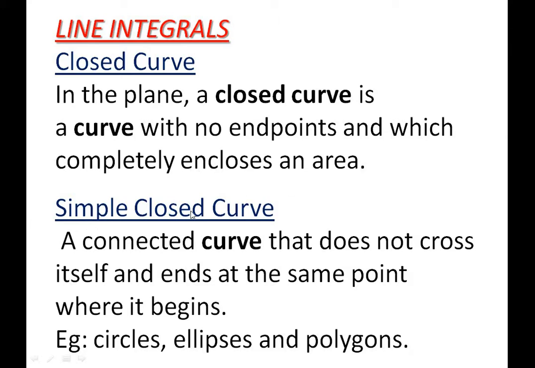Next, simple closed curve: a connected curve that does not cross itself and ends at the same point where it begins. That is, a connected curve is called a simple closed curve when it does not cross itself and its starting point and ending point are the same. Examples: ellipse, circles, polygons, etc.